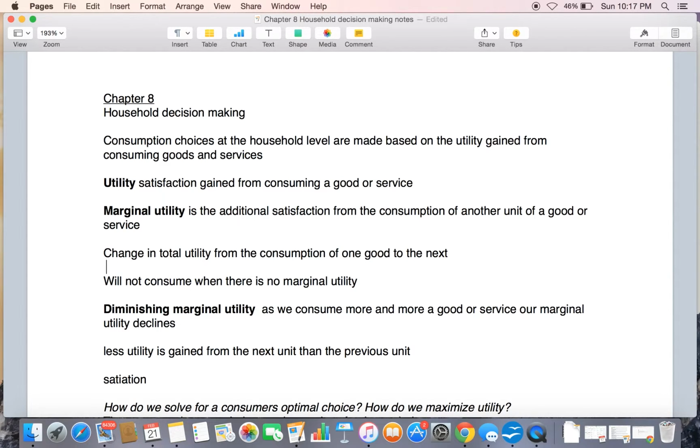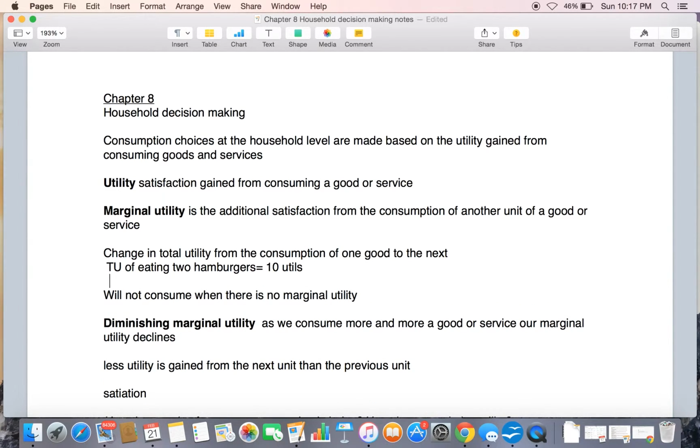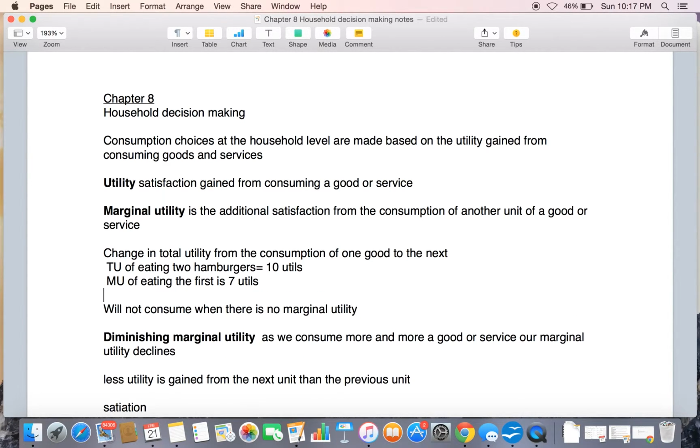So therefore, if I had the total utility of eating two hamburgers being 10 utils, I might say that the marginal utility of eating the first is 5 utils. So 7 utils. And then the marginal utility of eating the second hamburger would then be 3 utils, which is 10 minus 7 gives us 3 utils.